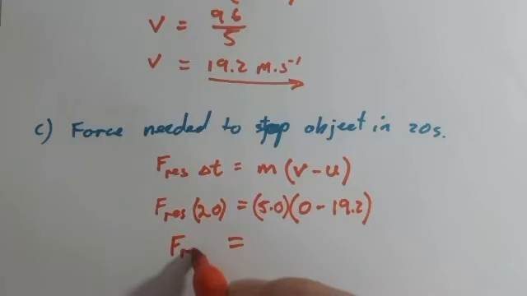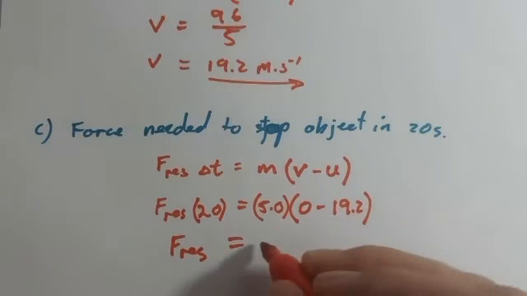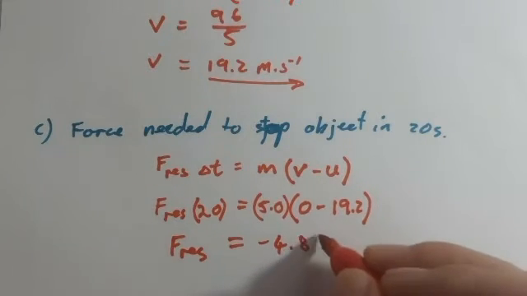Let's calculate my resultant force. It's going to be negative because it's in the opposite direction of motion. Negative 19.2 times 5 gives me negative 96, because we had that momentum of 96. We could just have done that and divided by 20. So it gives me negative 4.8 Newton.